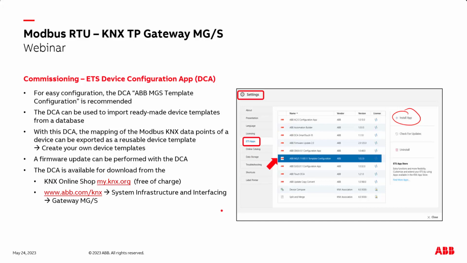This app is not necessary but highly recommended, because we can use here the feature of importing the mapping for our KNX data points. And additionally, with the app we can also make a firmware update of the Modbus gateway.